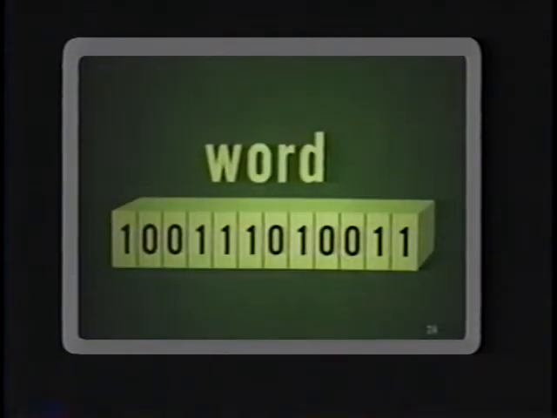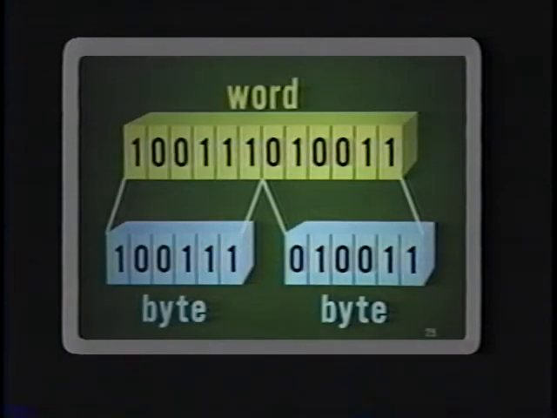In summary, a word consists of a fixed number of bits that are handled and processed as a single unit of information. In some digital computers, words can be divided into smaller units of information that are called bytes. Bytes are also handled and processed as single units of information.